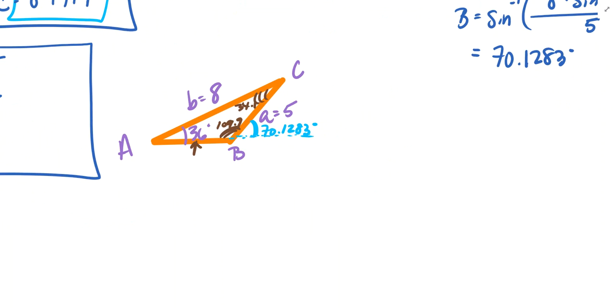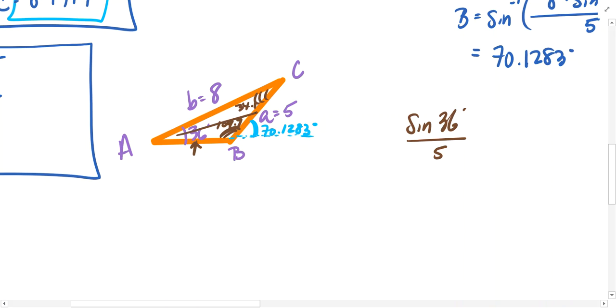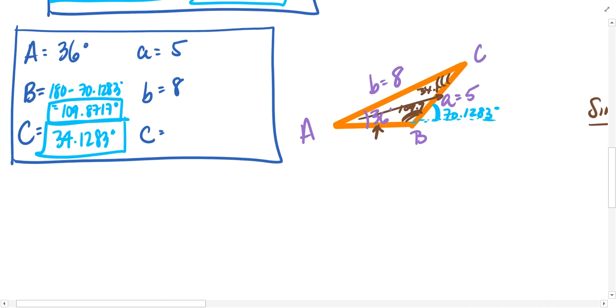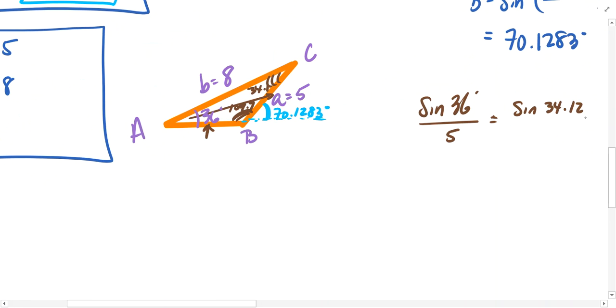And we'll see that if we set up the law of sines again. Sine of 36 degrees divided by the side length that's across from it, in this case 5, will be equal to sine of 34.1283 degrees divided by side length C across from it.